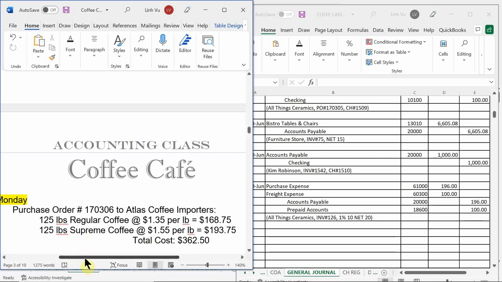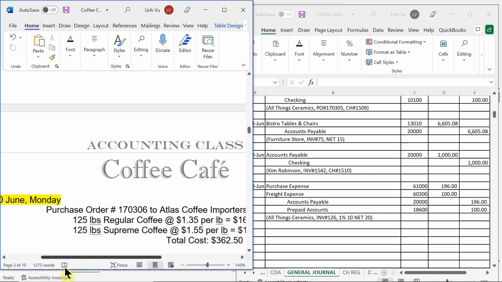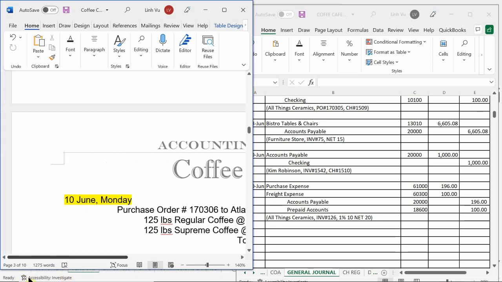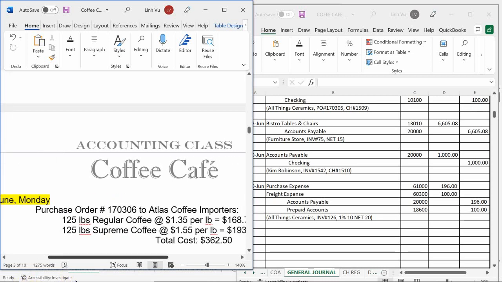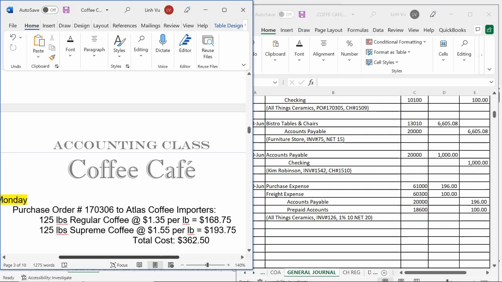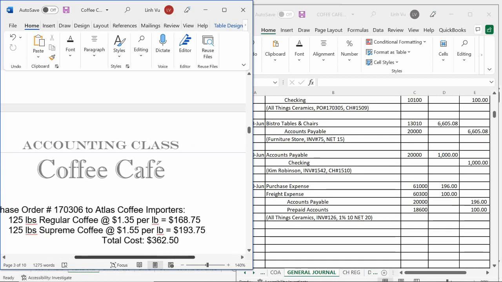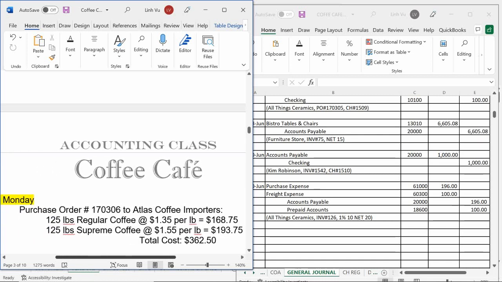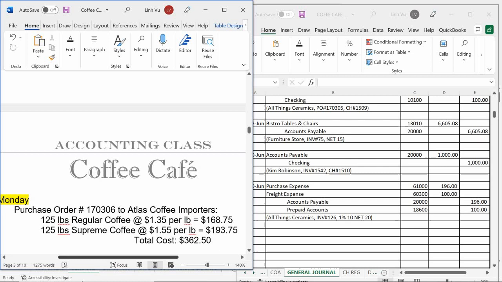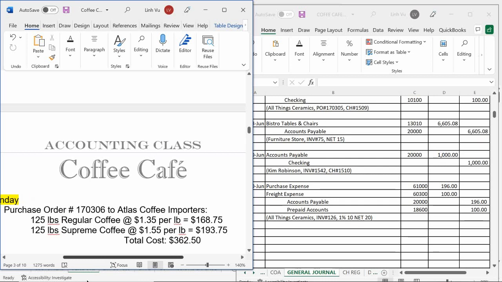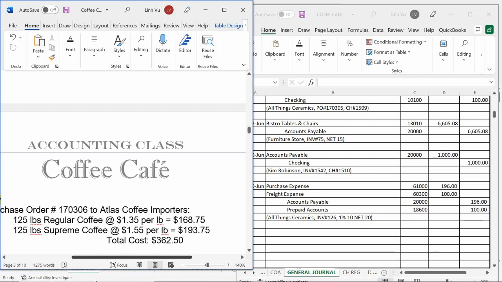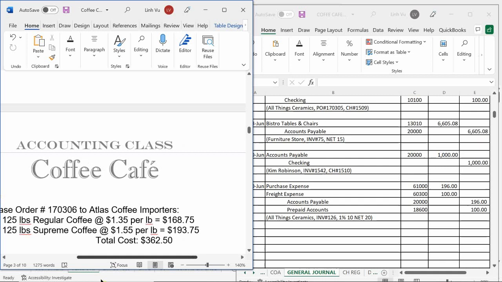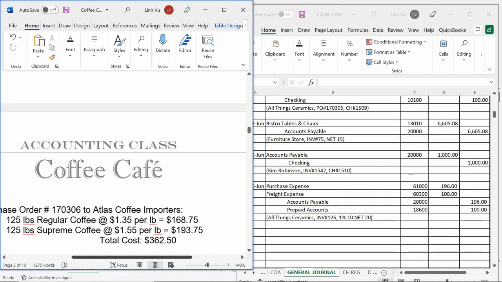Okay? So in this case, on June 10, Monday, we end up just submitting another purchase order to Atlas Coffee Importers, and we decided to buy 125 pounds of regular coffee at $1.35 per pound, giving us a grand total of $168.75.